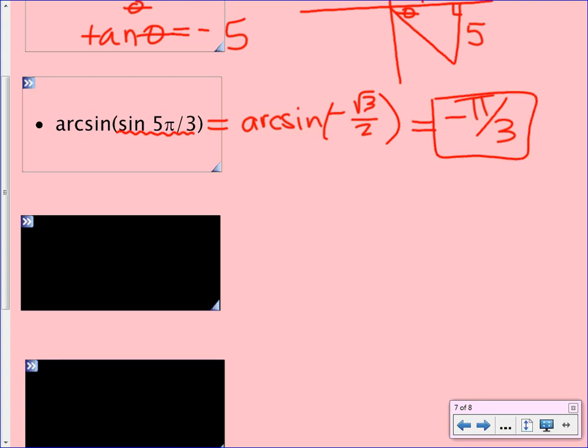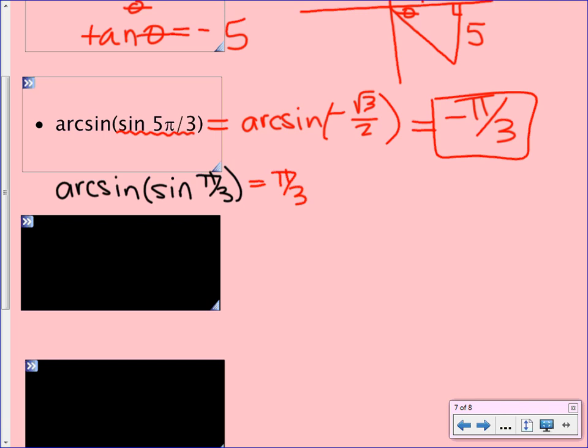Do I need any further explanation with this problem? Okay. Now, what if I said the arc sine of the sine of pi over 3? Then this can be pi over 3. Those can cancel to pi over 3.